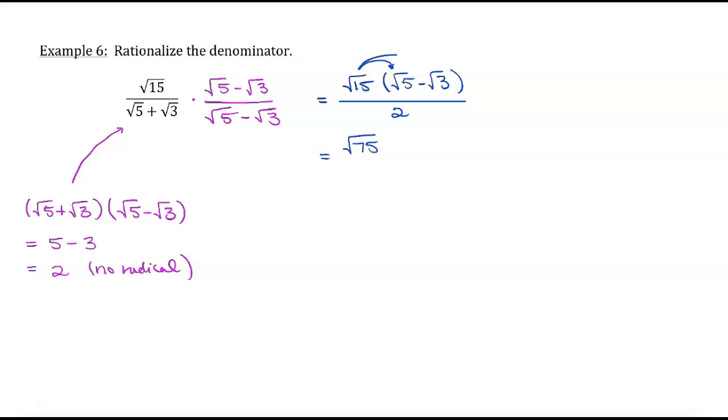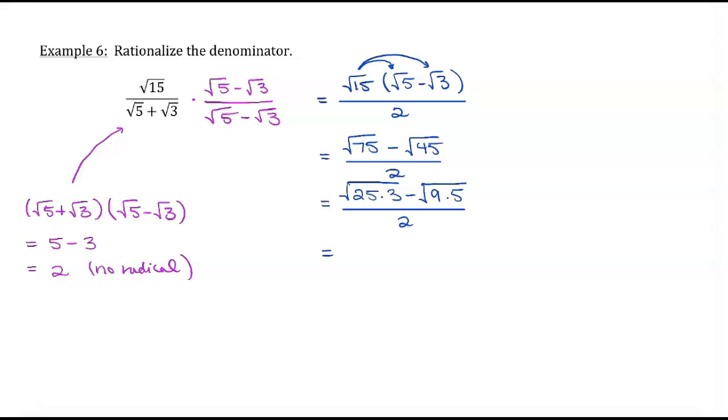Then we have the square root of 15 times the negative square root of 3, which is negative square root 45. Simplifying the square root of 75, we recognize that 75 is divisible by the perfect square 25. So we rewrite this as the square root of 25 times 3. And we'll rewrite the square root of 45 as the square root of 9 times 5.